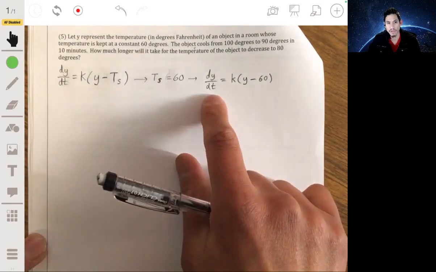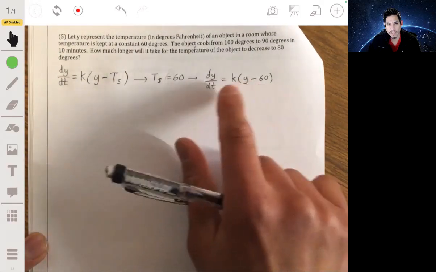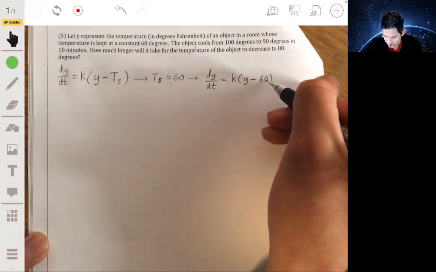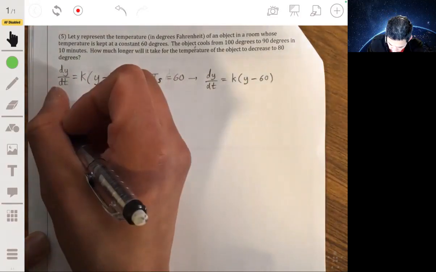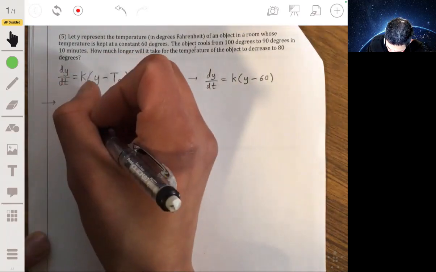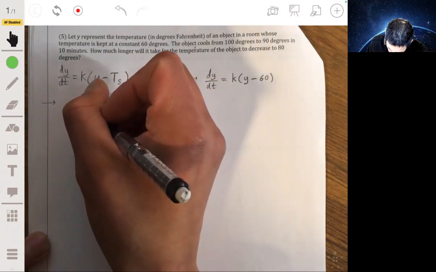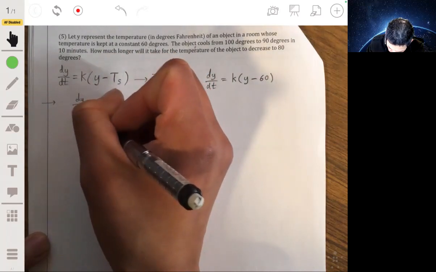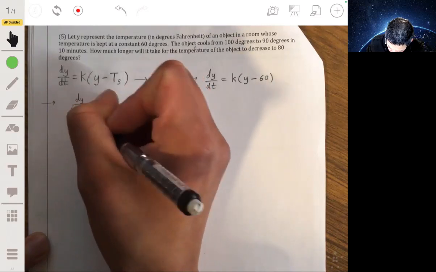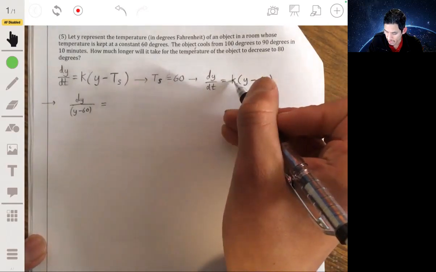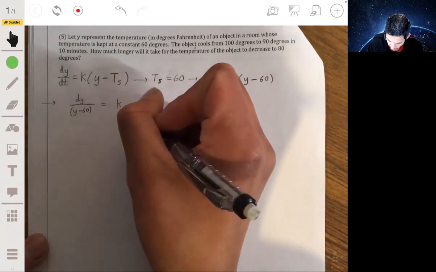So what we're going to do is multiply the right side by dt and divide the left side by y minus 60. This will lead us to dy divided by (y minus 60) being equal to k dt.